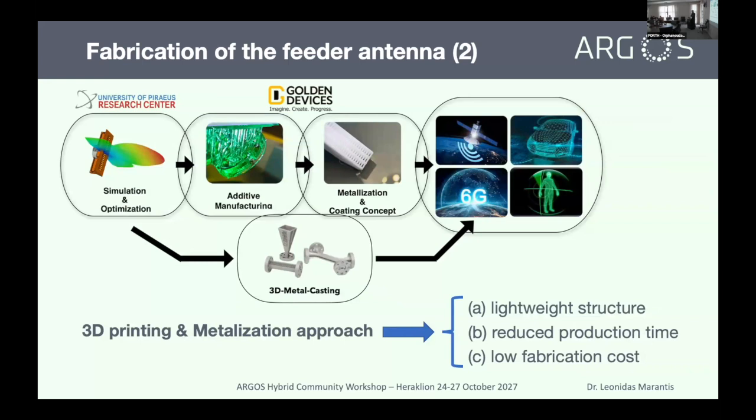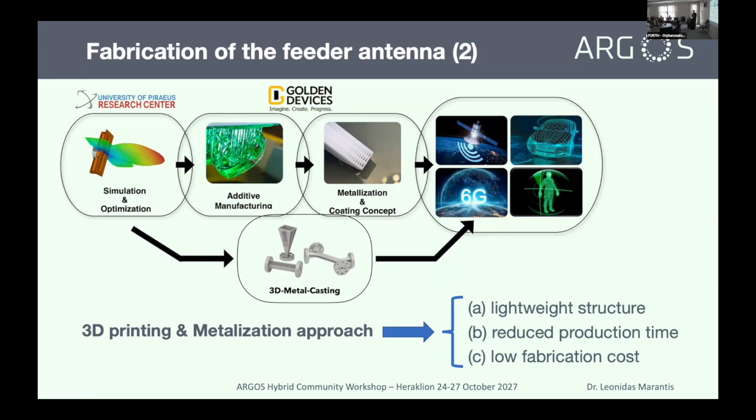Compared to normal CNC machining, where you make your horn antenna straight from metal, you can instead make it from plastic with 3D printing, and then metallize it, coating your structure with nickel, gold or copper. This gives you three main advantages.